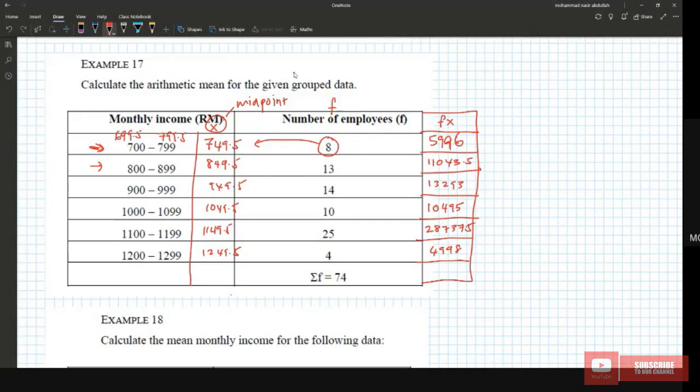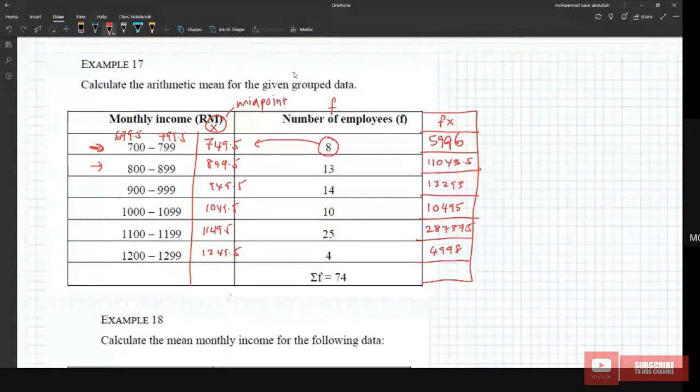So once you already calculate the value of fx, then you need to do a summation of fx.